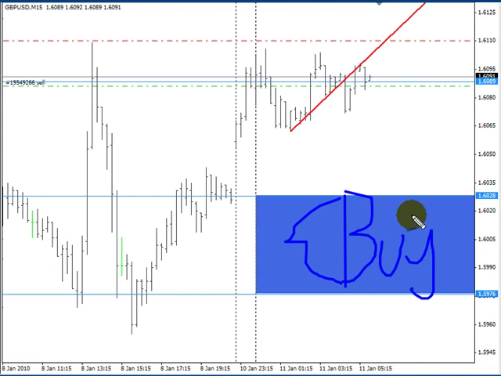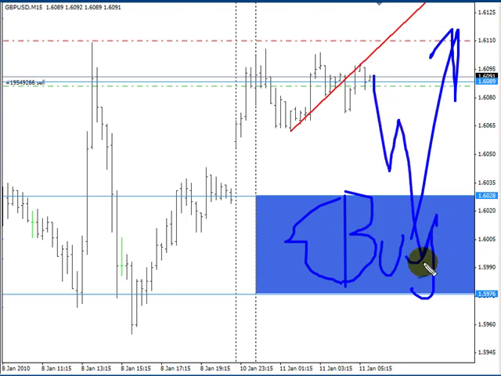And hopefully they come back down. But in order for us to consider the buy, what we're expecting the market to do, we need the market to start coming back down.